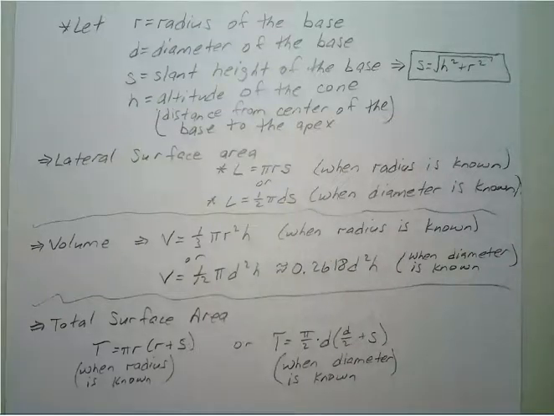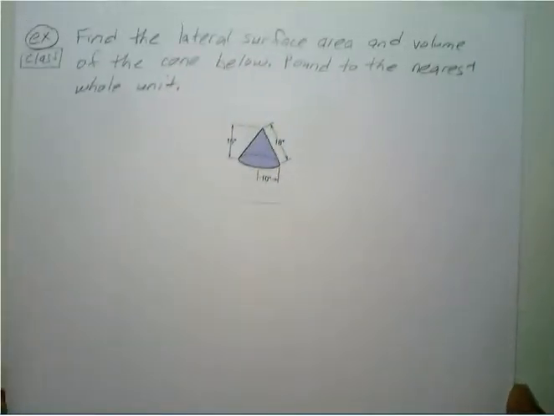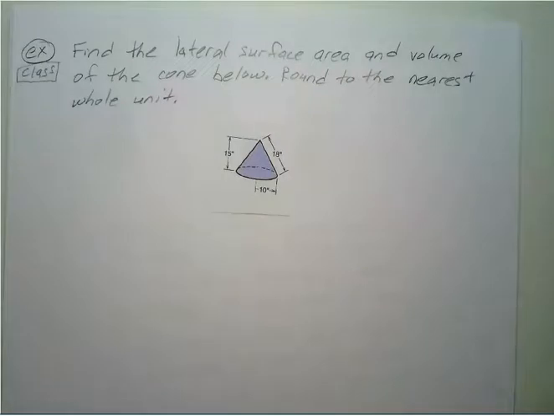If you are still writing this, feel free to press pause, but we're going to go ahead and move on to our first example. What if we wanted to find the lateral surface area and the volume of the cone below? Round to the nearest whole unit.